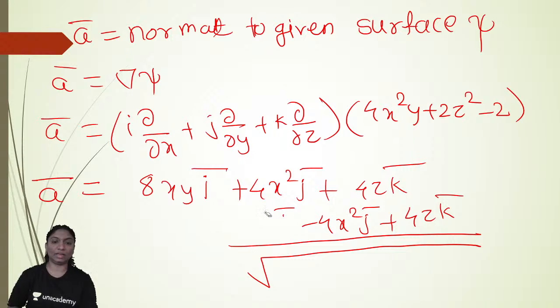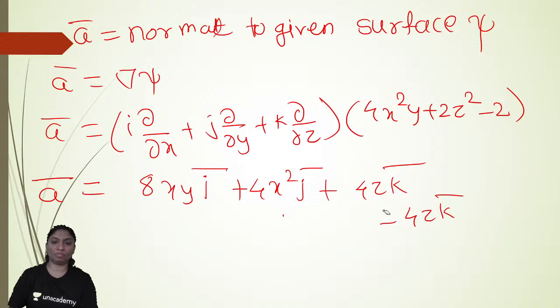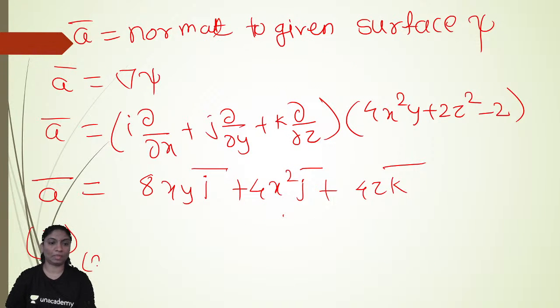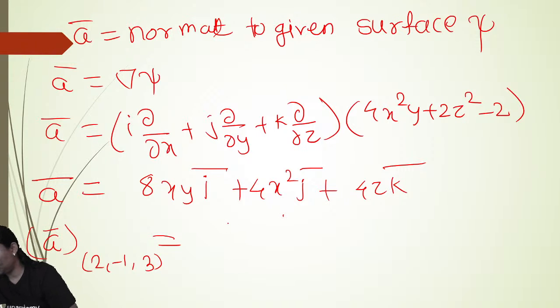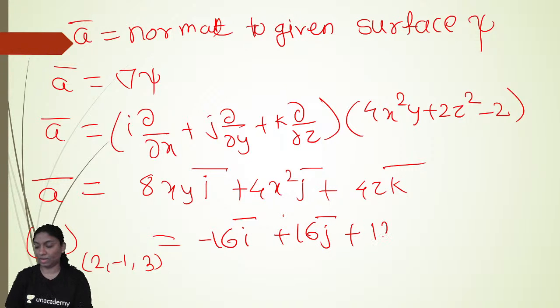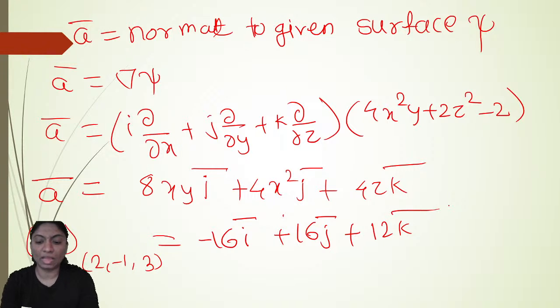We'll first calculate a bar at the given point (2, -1, 3). Your a bar at (2, -1, 3) is minus 16 i bar plus 4 times 4, 16 j bar, plus z is 3, 12 k bar is your a bar.